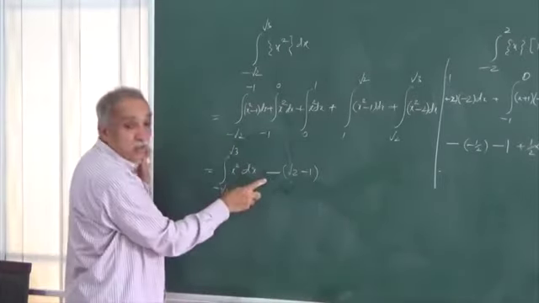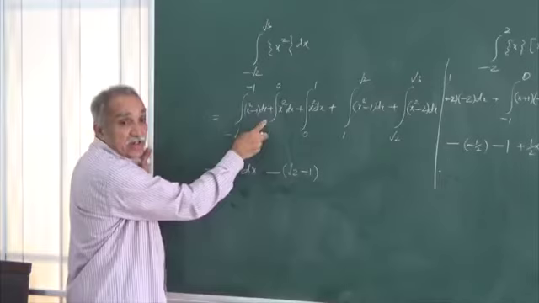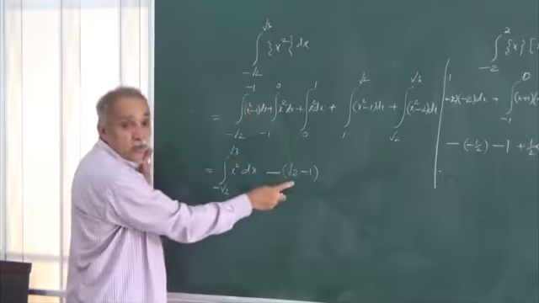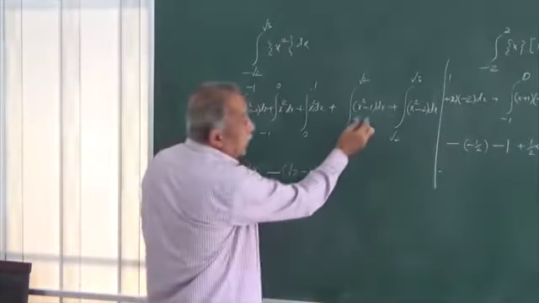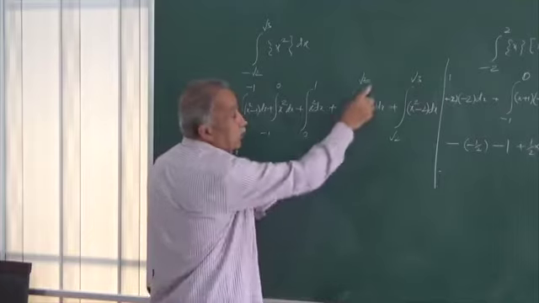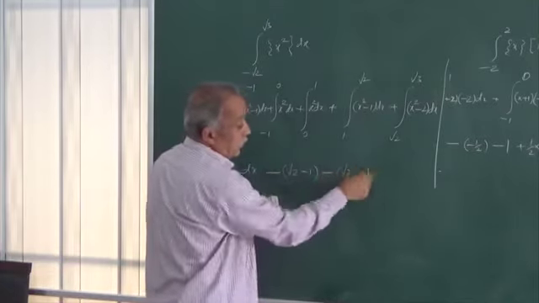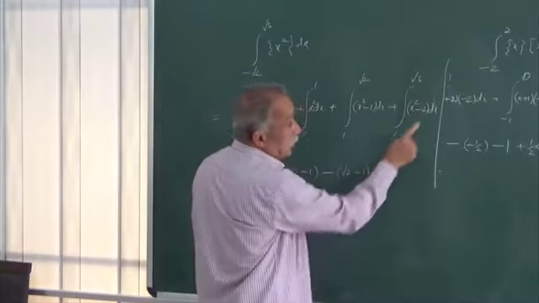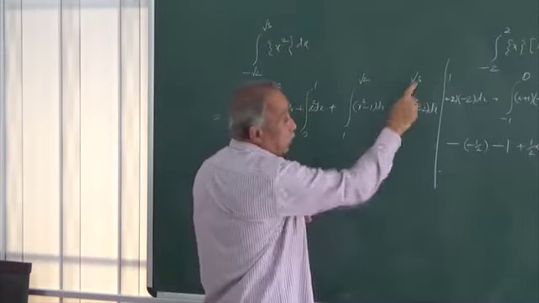Minus 1 is kept outside, integral 1 is x, apply the limits, minus 1 minus root 2 minus 1. Then another uncovered part, minus the integral of 1 dx from 1 to root 2, agree? And the last part, minus 2 into the integral of 1 from root 2 to root 3.